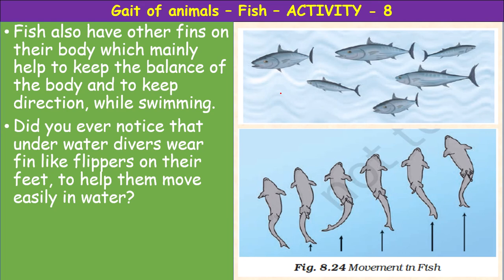It will reduce the friction. It is also a modification or adaptation to lead an aquatic life, okay. They possess gills for breathing, and these are the structures which help the fish to swim, to move in the water, okay.